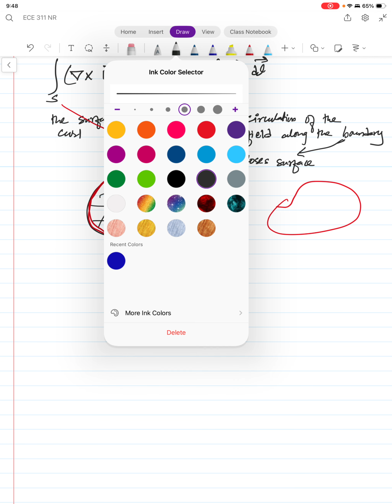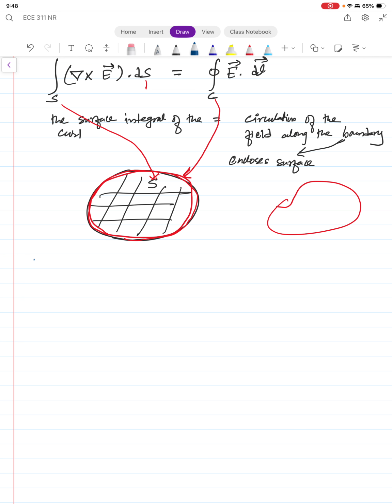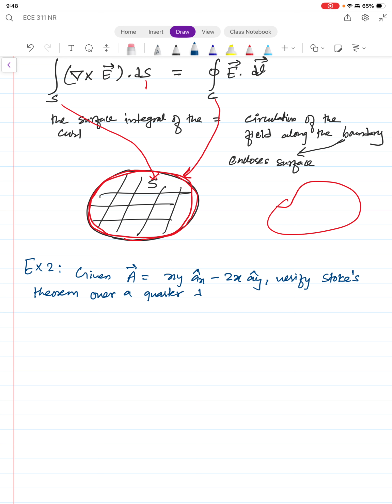I'll use one of the problems that we are familiar with, and the problem says: given a vector A equals xy ax minus 2x ay, verify Stokes' theorem over a quarter disk with radius 3 in the first quadrant.